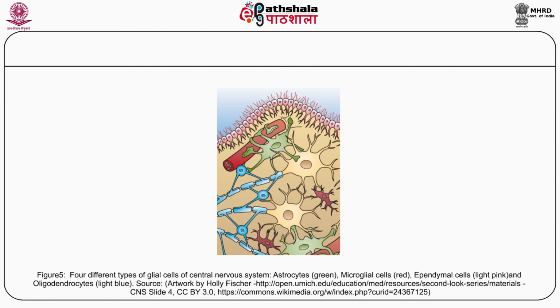For example, glutamate is a neurotransmitter that in excess causes cells to become overexcited, leading to cell death, and this can be cleared with the help of astrocytes.